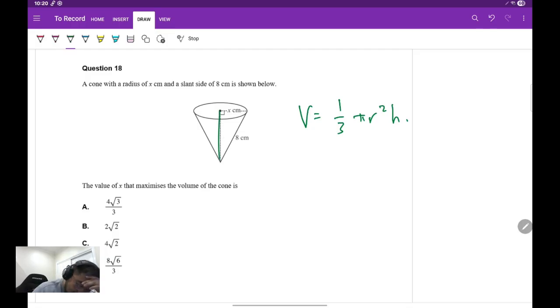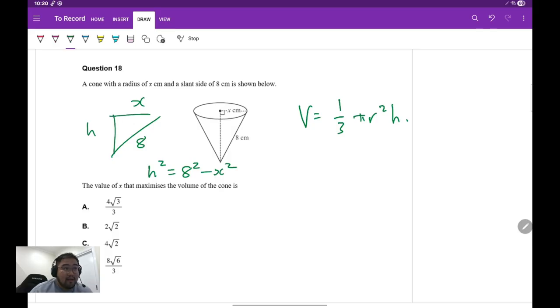If we want to work out that height, we've got x, we've got 8, and we've got h. We've got h squared is equal to 8 squared minus x squared using Pythagoras. And so we've got h is equal to the square root of 8 squared minus x squared. We don't need to consider the negative solution because we're talking about an actual dimension of height.